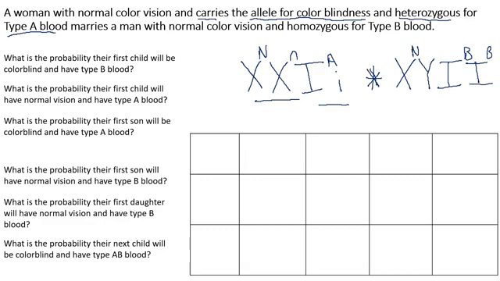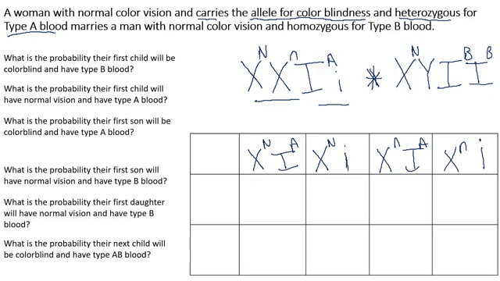For the first, we have capital N on the X chromosome with the A-type blood, then the outer again with the O-type blood, and then we have the affected X chromosome with the A-type blood and the affected X chromosome with the O-type blood. So we foiled her out.